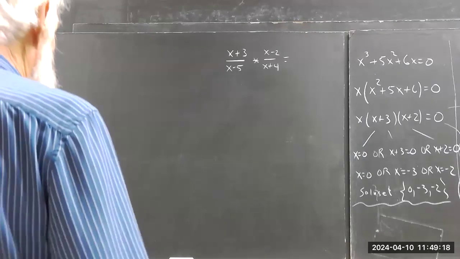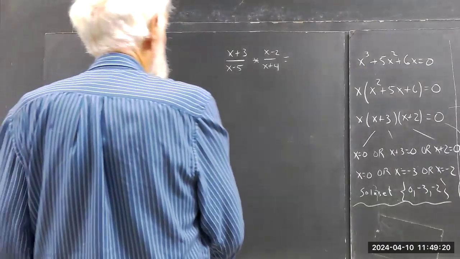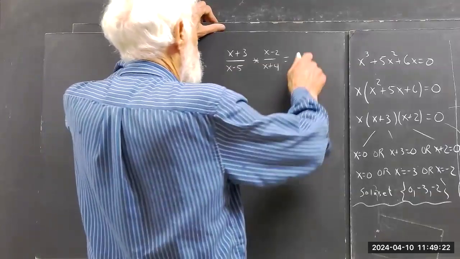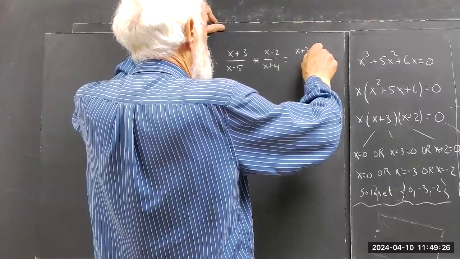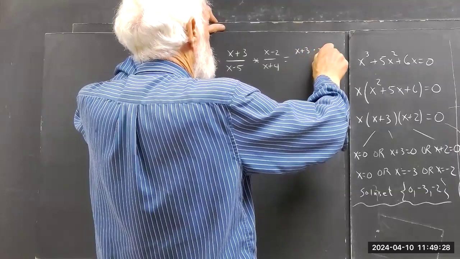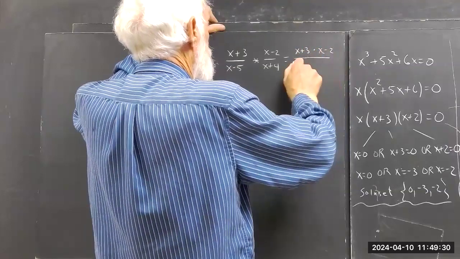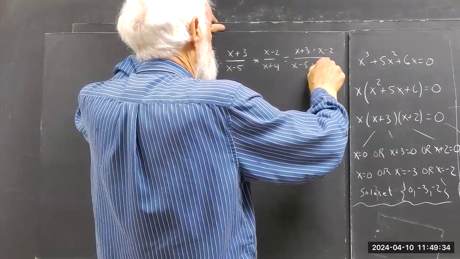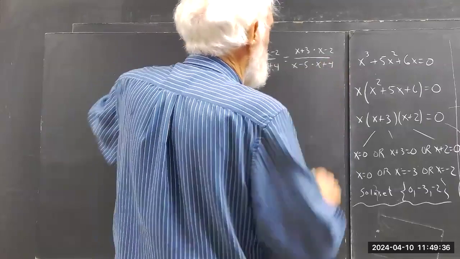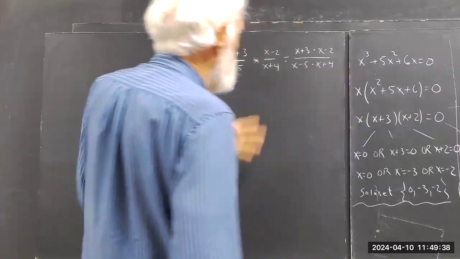Okay, now we got something pretty much right. Some people wrote like this: x plus 3 dot x minus 2 over x minus 5 dot x plus 4. Now that's not quite right. It's the right idea.